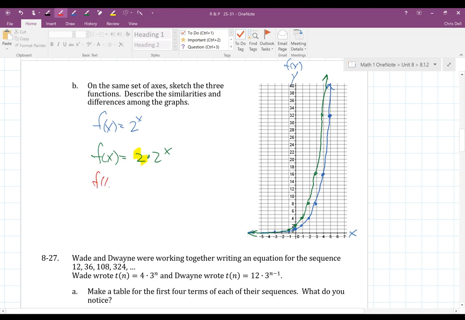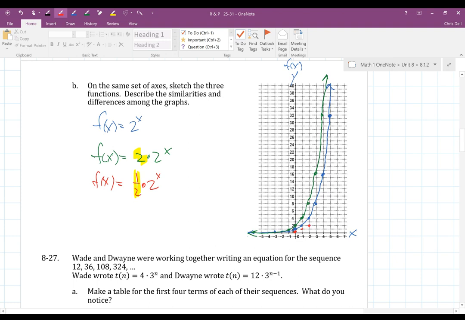So the last one we'll make here in red, 1/2 times 2 to the x. Again, the only difference is that this time it's going to start at 1/2. So where x is 0, y is 1/2. And then everything else is very similar. At 1, it goes up to 1 because it doubles. At 2, it's at 2.